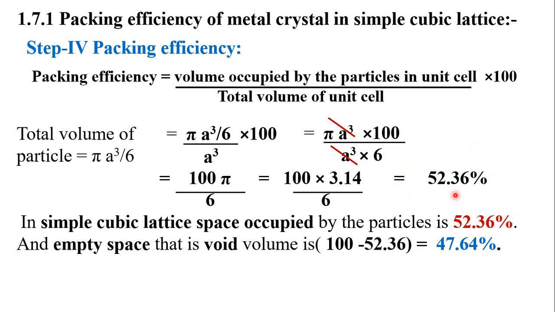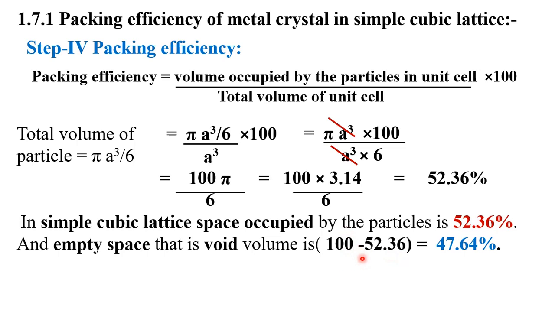And therefore from that we can calculate the empty space, that is void. How much void or how much empty space is there, that also we can calculate. So empty space, that is void volume, is equal to 100, total volume of the unit cell is 100. So 100 minus volume occupied by the particles in a unit cell, that is packing efficiency, that is 52.36%.